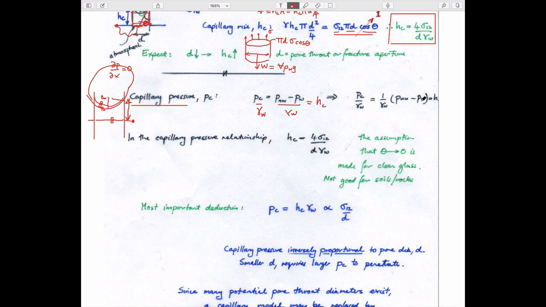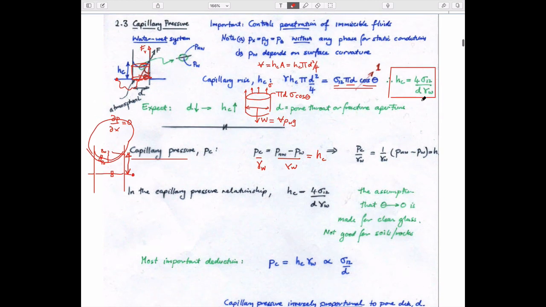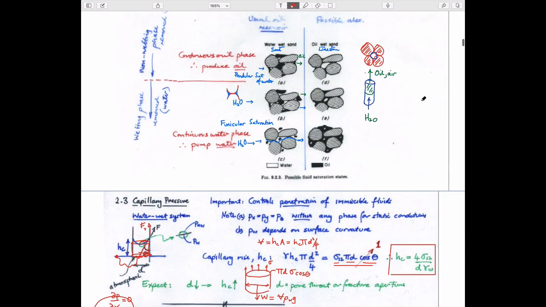And so you can think of this capillary pressure, if we go back to our previous diagram, as the pressure that we have to apply in this relative to the pressure in the oil for it to move the interface. If the pressure here is less than some threshold above this, then it won't move.